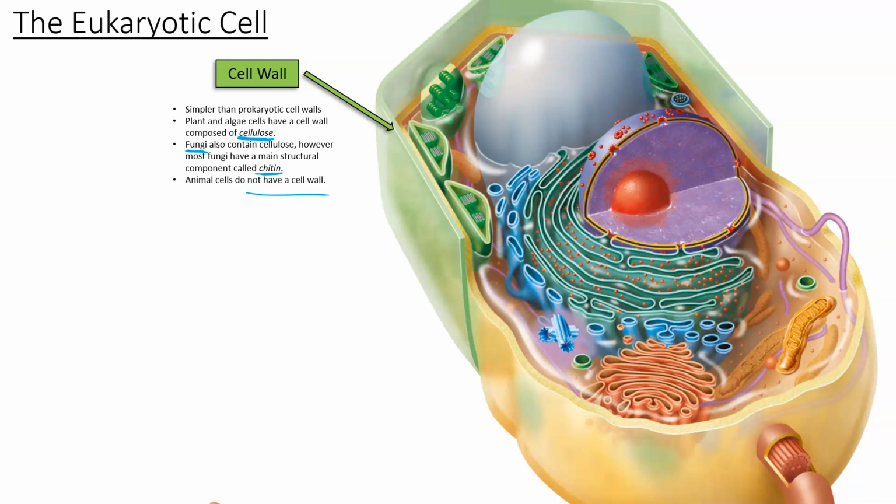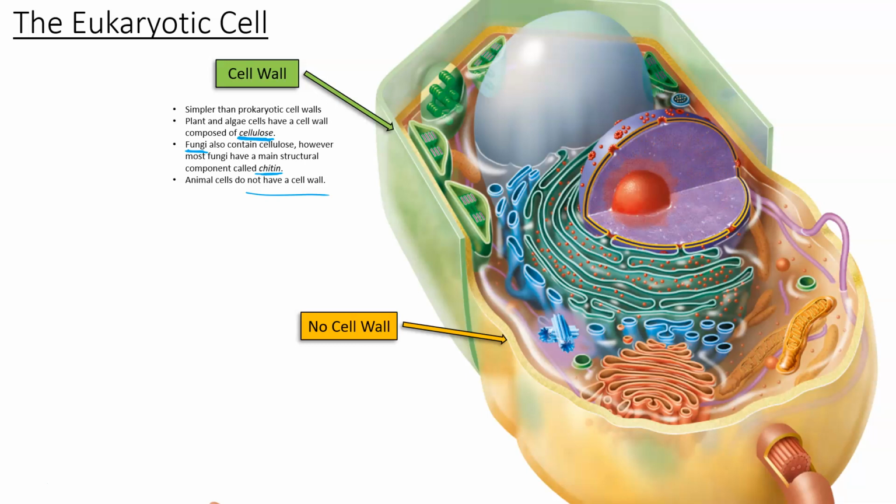They compose their cell walls of cellulose and chitin respectively, and so it is shown on the top half of this diagram just to represent that those are eukaryotic cells and they do possess a cell wall. All cells have a cell membrane, which is a layer right on the inside of a cell wall in both plants and fungus.